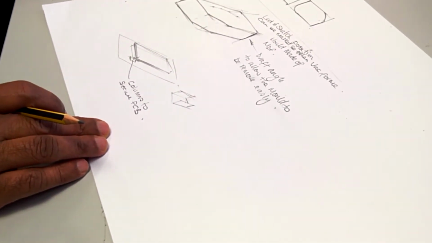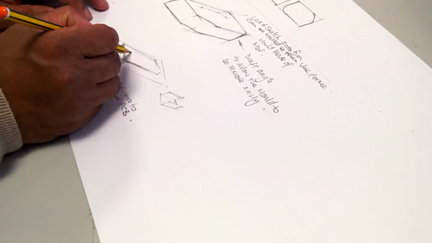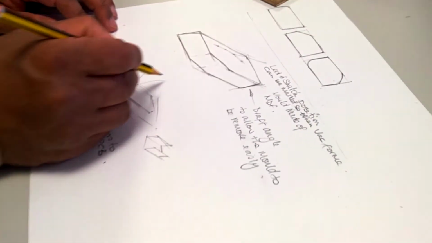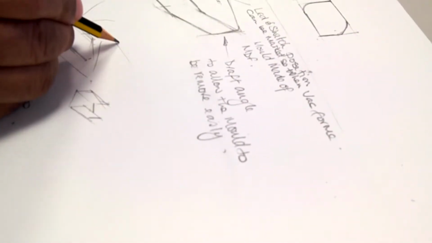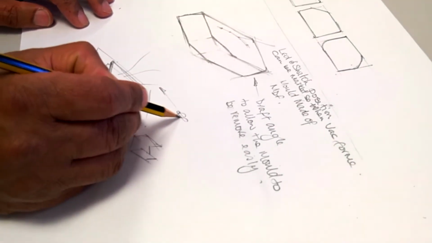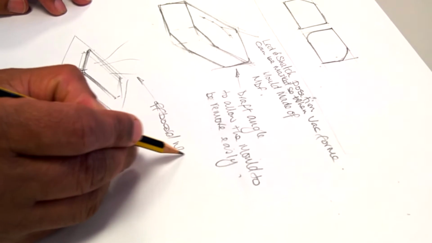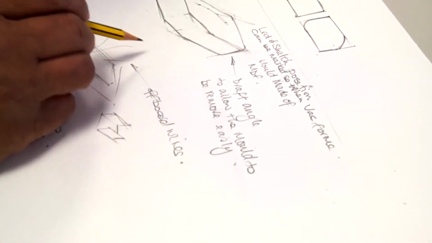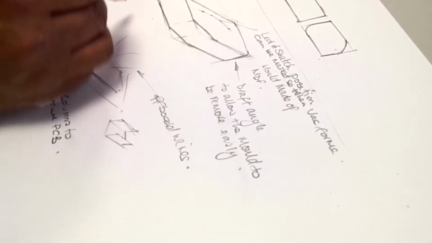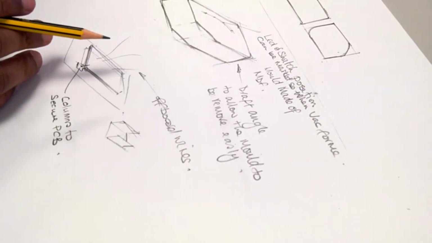So you got the board there, and then you got wires coming off. These are known as the off-board wires. Now, you see the way you got this at an angle?